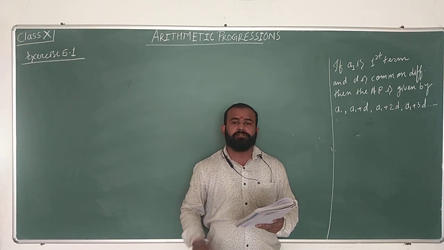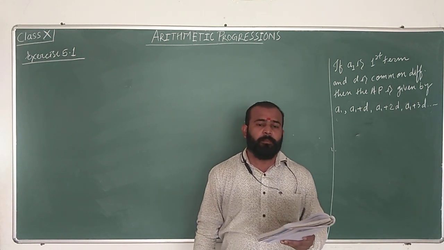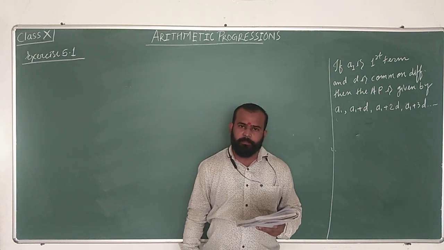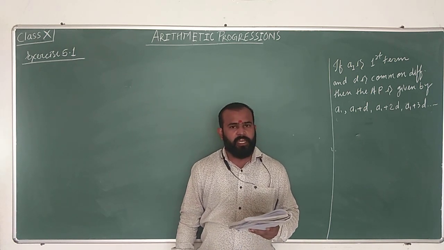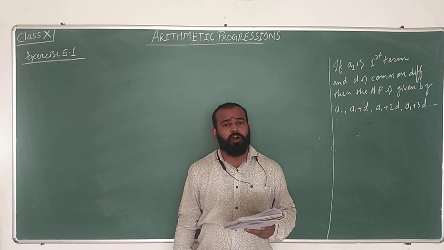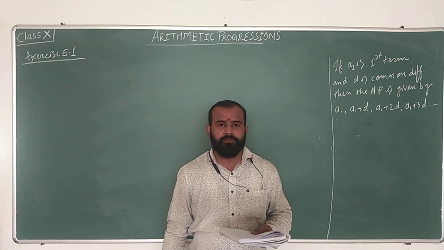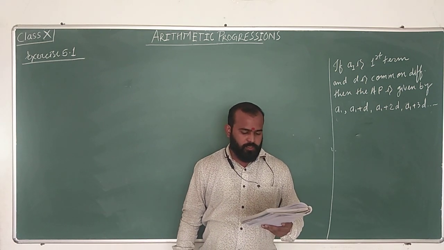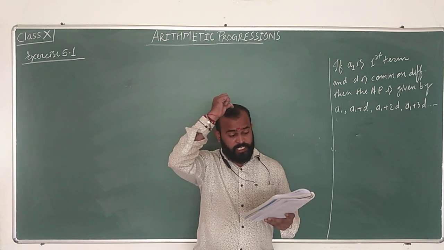Whether these numbers formed by the problems that are given to us form an AP or not, that we have to say, and we have to also say if they form an AP, then why. We have to also give the reason to it. So I am taking the second one from it.